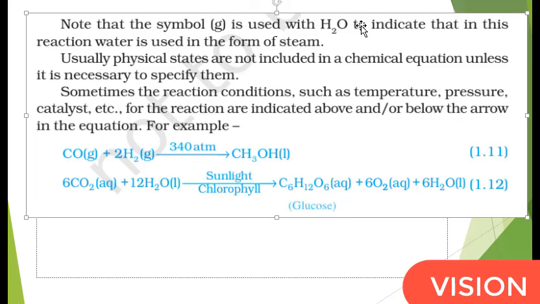That also we follow in chemistry. These are the things provided in this first part of chemical reactions and equations, which is the first chapter of 10th standard science.